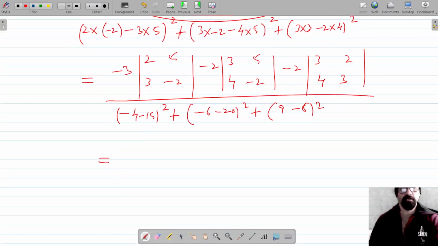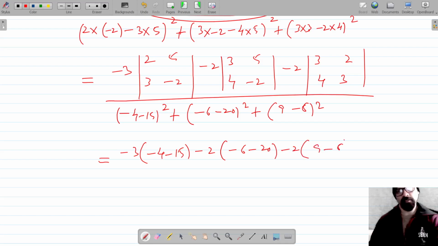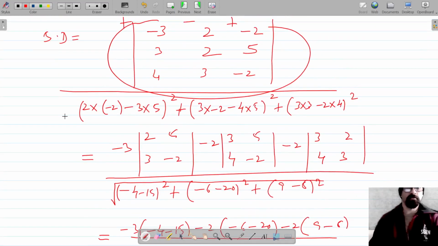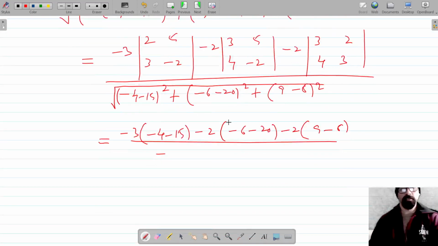Okay, which finally comes out to be, this is now negative 3 into negative 4 minus negative 15, negative 2 into negative 6 minus 20, negative 2 into 9 minus 8, and this is under root, this is also under root.